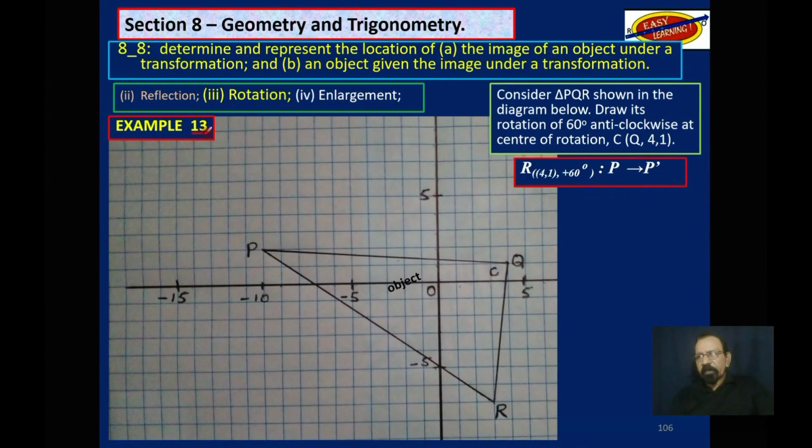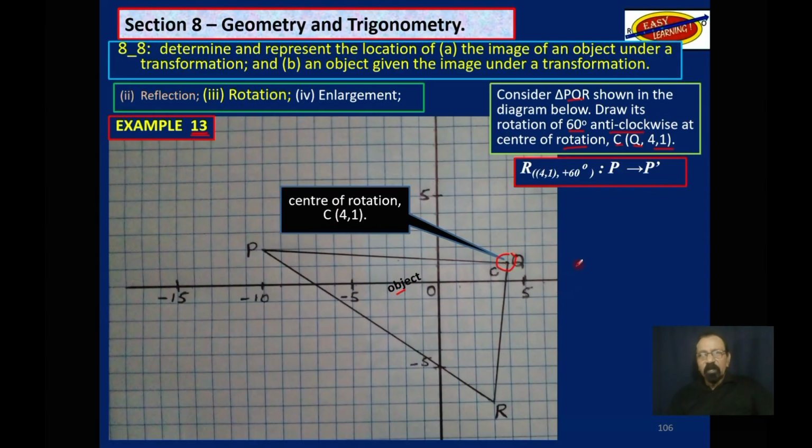Now, example 13. In this case, this is our object. We are going to rotate it 60 degrees anticlockwise, and the center of rotation is C, which is actually Q, which is 4-1. Center of rotation is here.